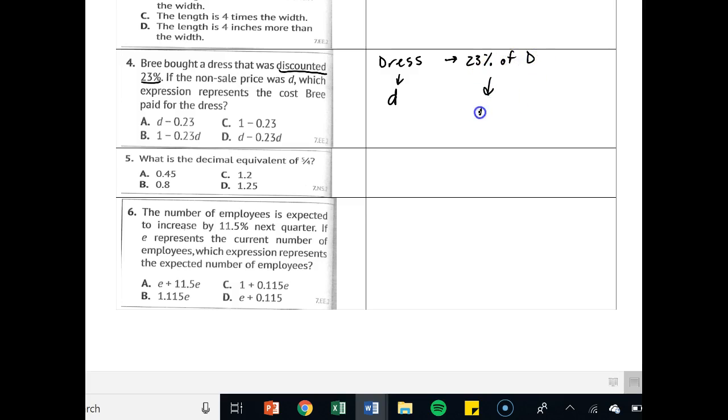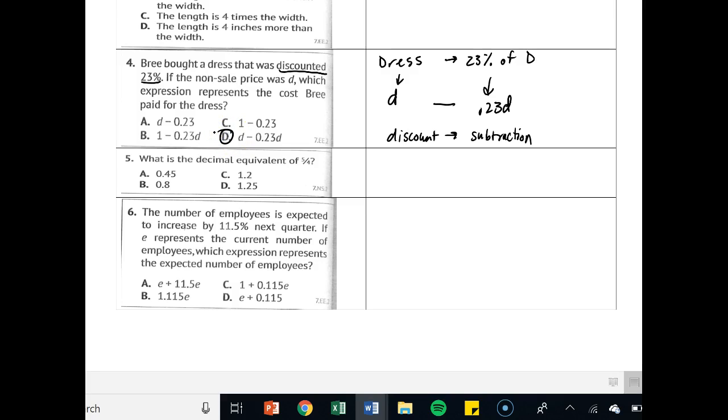So something like 0.23D. And we know discounts, we're just going to be subtracting. So there we should say discount is subtraction, right? And we basically have found our answer here, D minus 0.23D. So answer D is your answer.